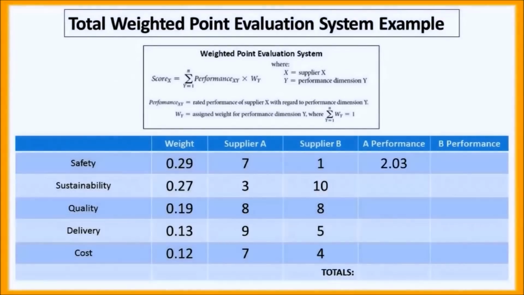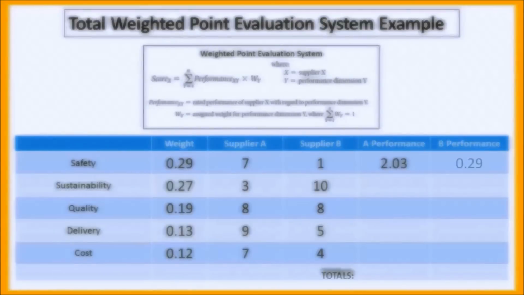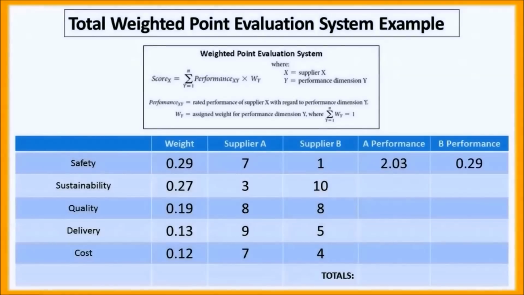So to calculate performance in a different category, we just multiply the weight by the performance for that particular supplier. So here, 0.29 times 7 is 2.03. That is our performance for supplier A. For supplier B, the calculation is similar: 0.29, the weight, times the performance, which is 1, equals 0.29.